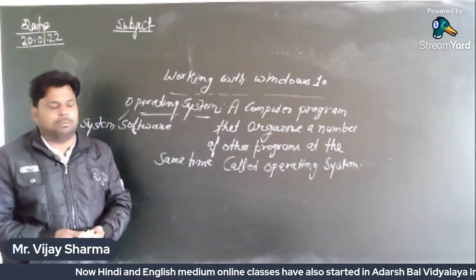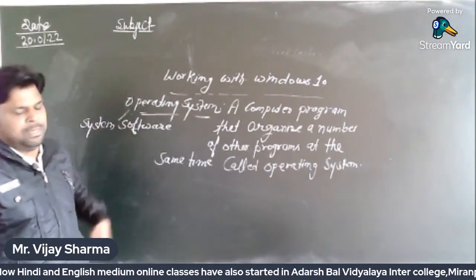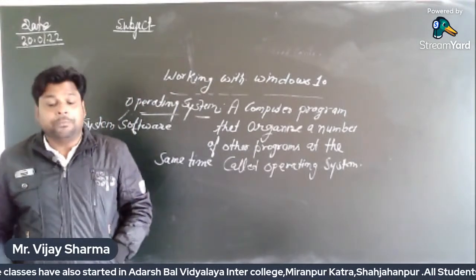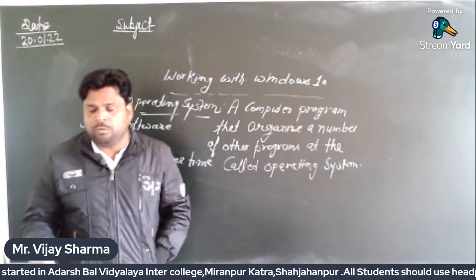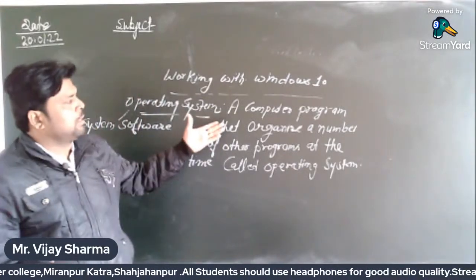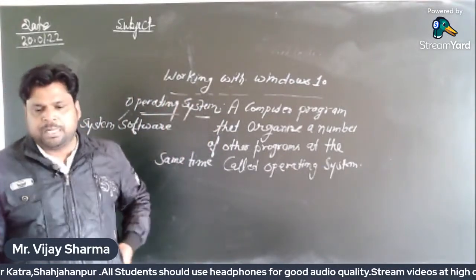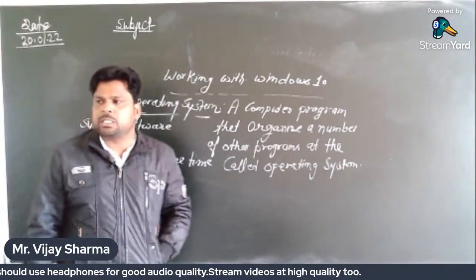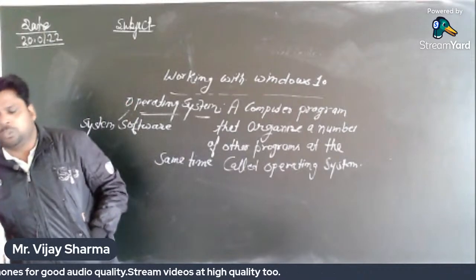When we purchase any type of system, our laptops, computers and smartphones, we install an operating system. For our computer, we install Windows. In our mobiles, we use Android and many other operating systems, Linux, Unix and many more, which are used by the user.